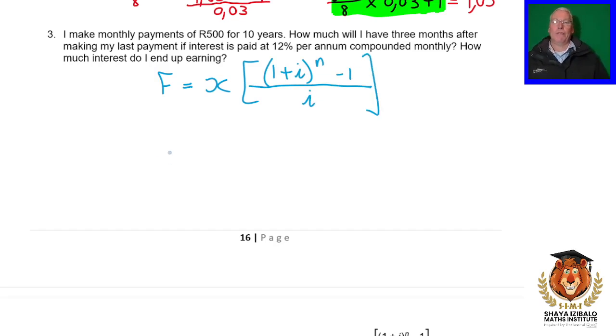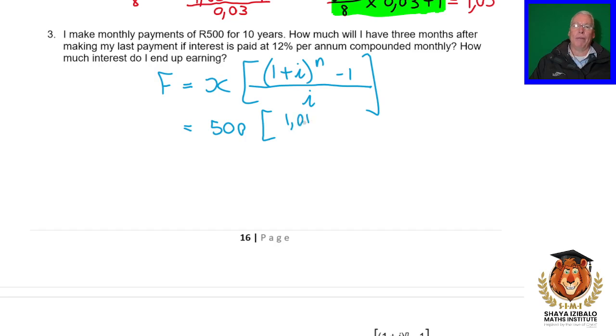Okay, so let's work out that balance. It's going to be 500. The interest rate is 12% per annum compounded monthly. Now that's 1% per month. So that's 1 plus 0.12 over 12. And it's 10 years, monthly payments, so it's 120. Minus 1 over 0.01. That's the 1% per month.